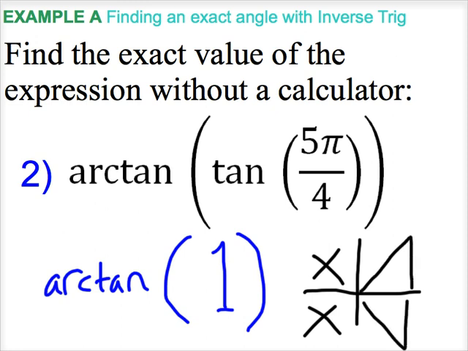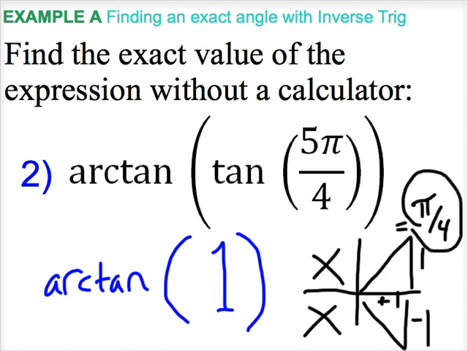Again, fourth quadrant would give me positive 1 here and a negative 1 here. It's the first quadrant that gives me a 1 over 1 tangent, so I'm interested in this angle of pi over 4. And that is my final answer. I should have drawn that a little bigger since it's my final answer, but I'll put a circle around it. That's it. I hope I don't go too quickly there.